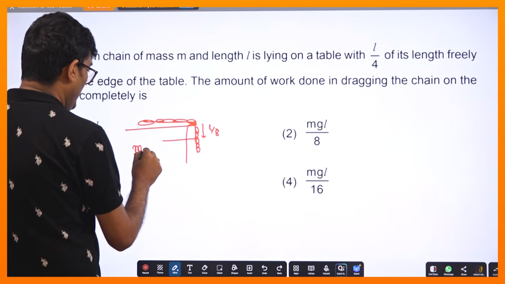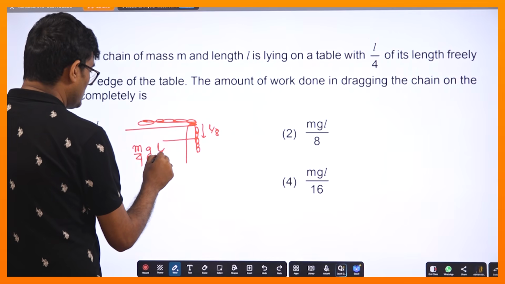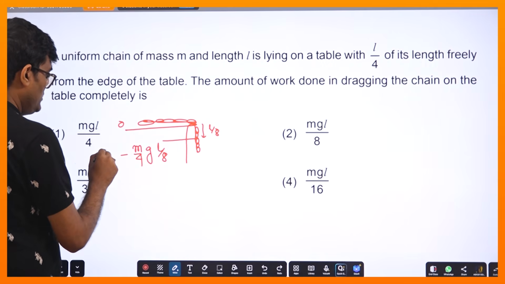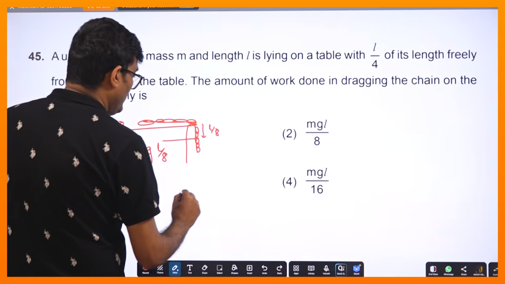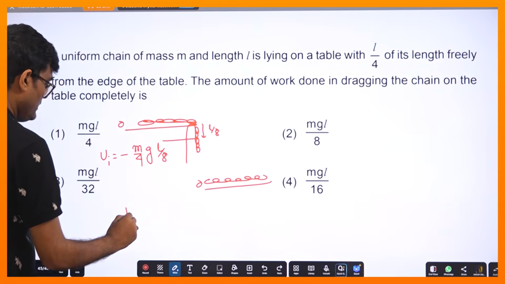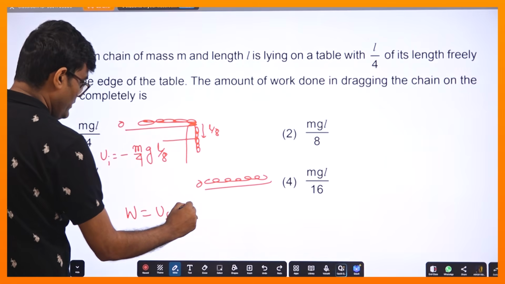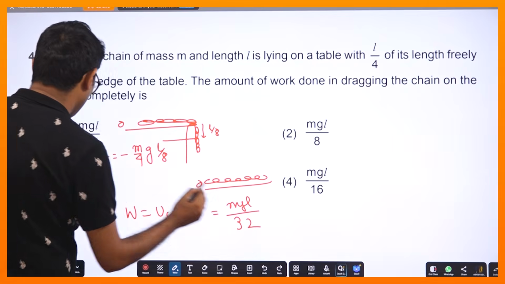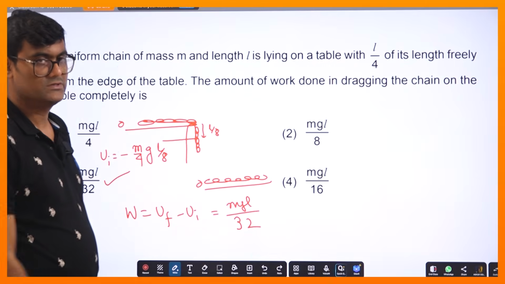So mg into h, with a minus sign, is the initial potential energy, and the final potential energy when the entire chain is on the table is 0. So work done is U final minus U initial, and that is equal to mgL by 32. Option 3 is the correct answer for this question.